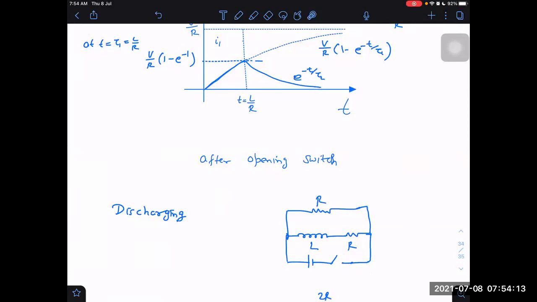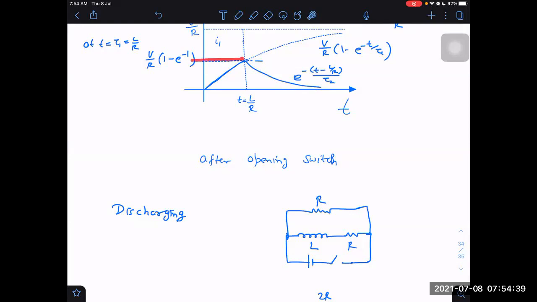But wait a second, the time is not from the origin, time is from here. Then it is a shifted version towards the right side. So I should replace time by not t, but if I shift towards the right, then it is t minus L by R, by tau 2. That is the multiplying factor.